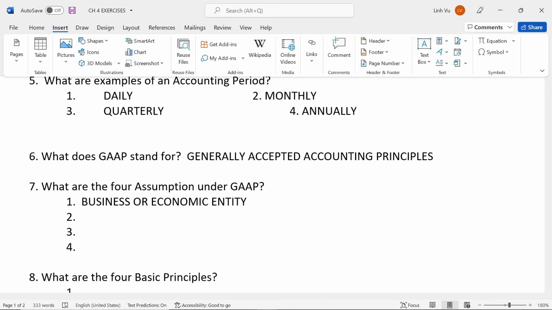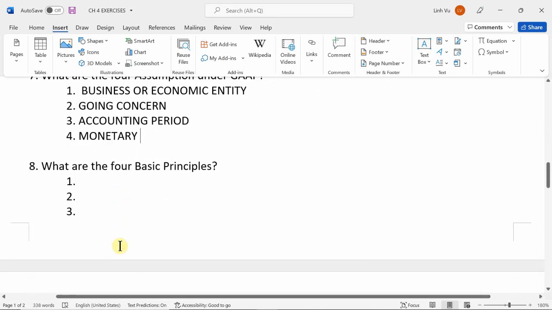There's no particular order. Going concern. What else? Accounting period, monetary. Good.